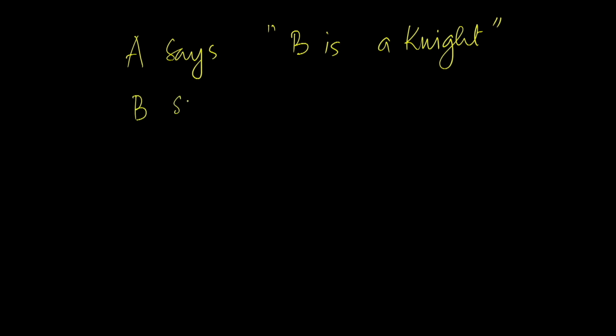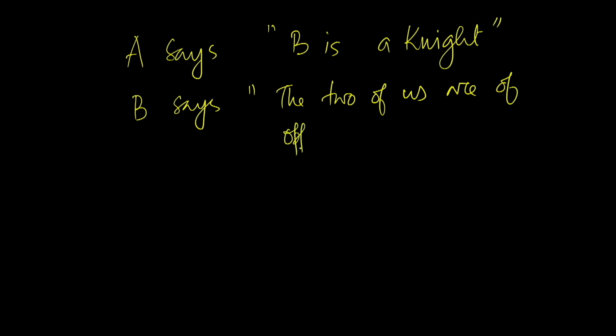And let us say B says the two of us are of opposite types. Then the question is, what are A and B?